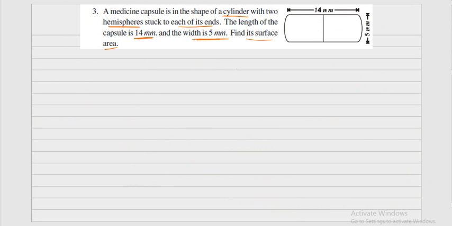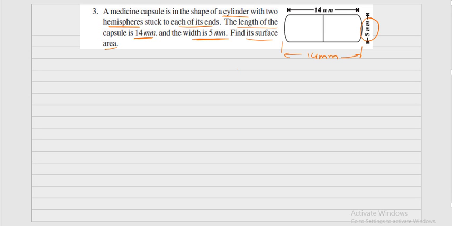If you observe carefully what he has given, the length of the capsule is 14 millimeters. Length of the capsule means from here to here it is 14 millimeters, right? And the width of the capsule is 5 millimeters.